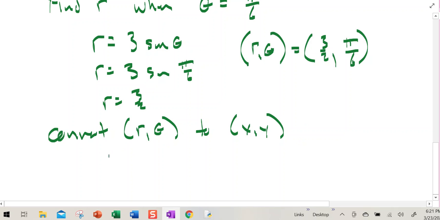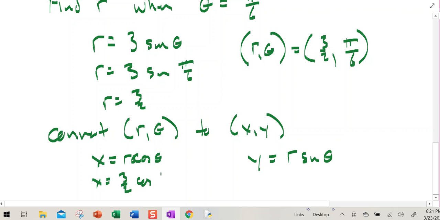And so to do that, we go back to our basic identities. x is equal to r cosine of theta, and y is equal to r sine of theta. So x is going to be equal to 3/2 times the cosine of pi over 6. And y is going to be equal to 3/2 times the sine of pi over 6.